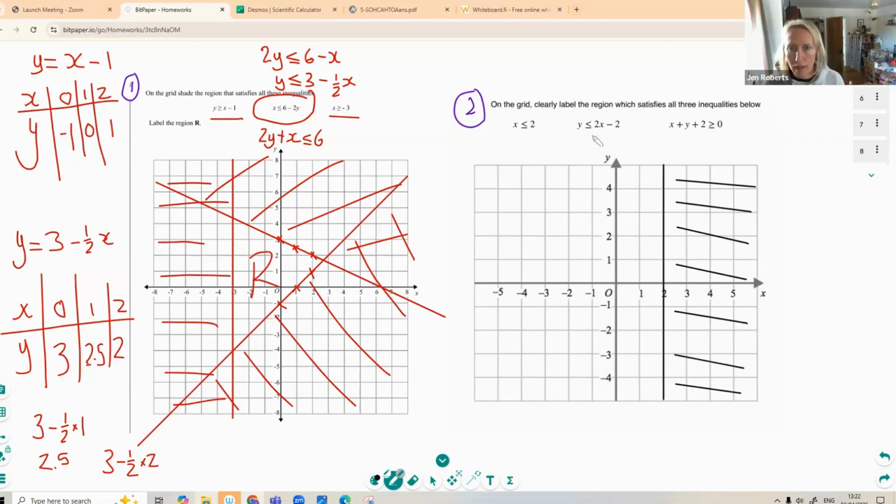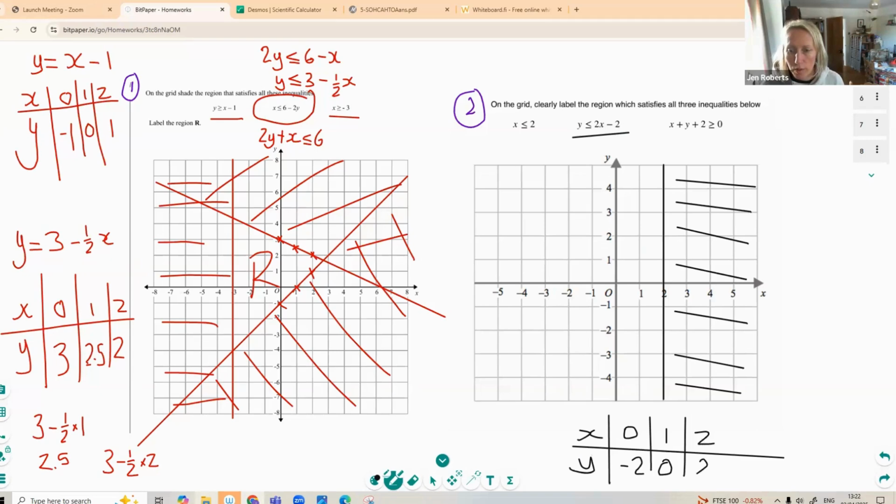Let's draw a little table of values for this inequality. Generate my y values. x is 0. 2 times 0 is 0. Take away 2 is minus 2. x is 1. 2 times 1 is 2. Take away 2 is 0. x is 2. 2 times 2 is 4.